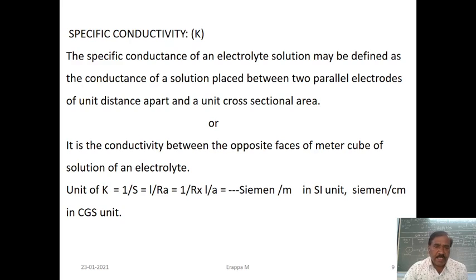Then K, that is specific conductivity, is equal to reciprocal of specific resistance. Substitute this, 1 over R into L by A. So units for this one is Siemens per meter in SI units, Siemens per centimeter in CGS system.